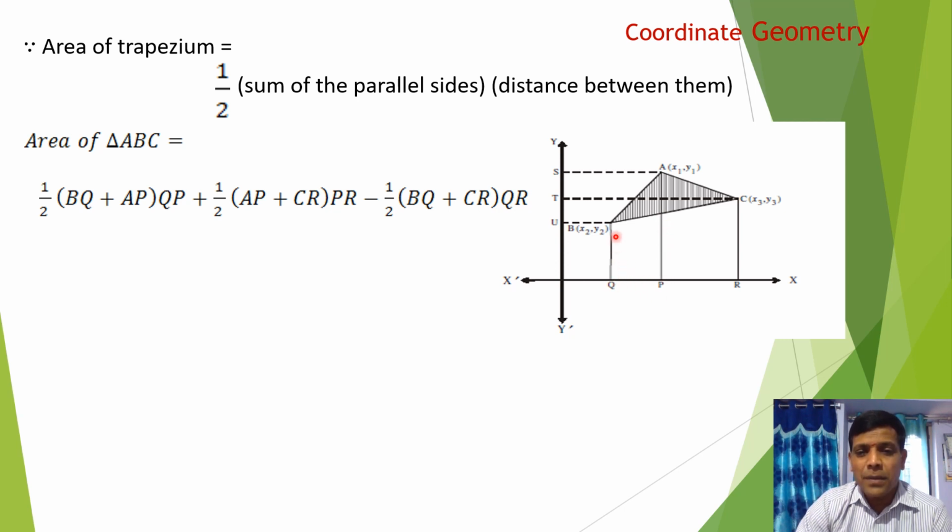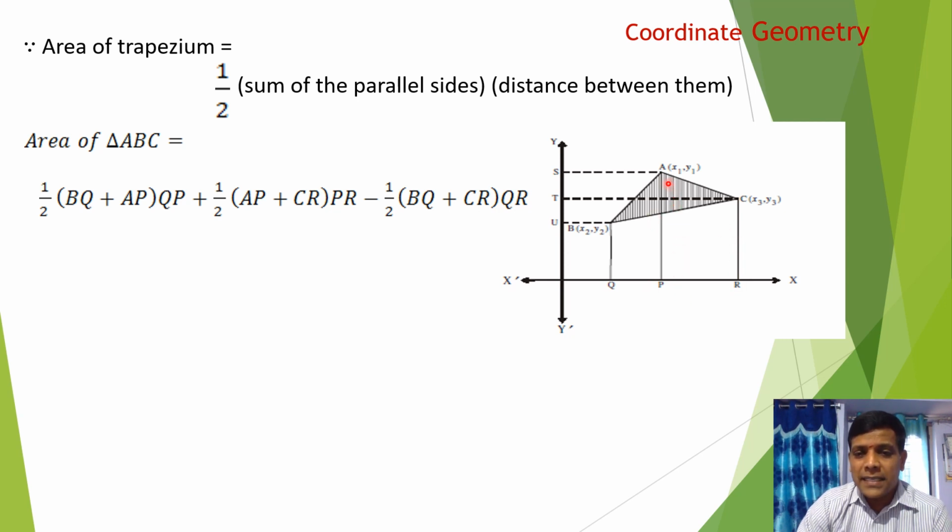So area of trapezium ABQP is written as half into BQ plus AP into QP. QP represents the distance between parallel sides. Plus the second trapezium. What is the second trapezium? APRC.